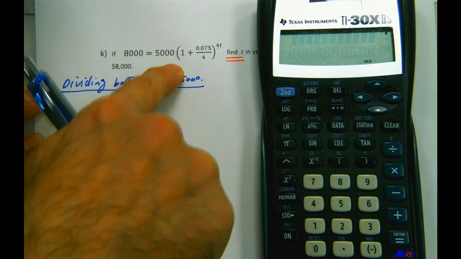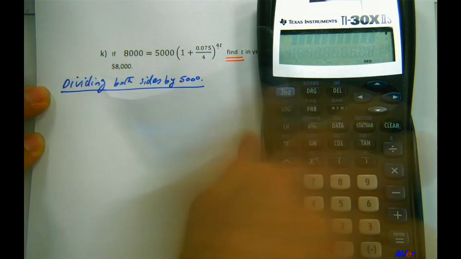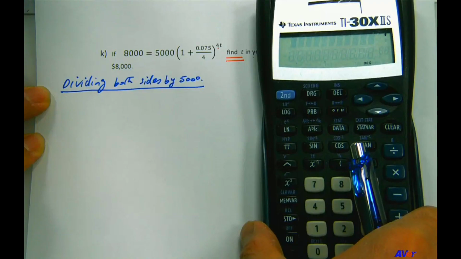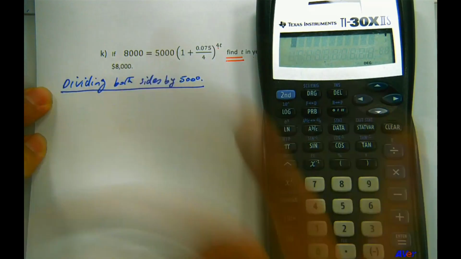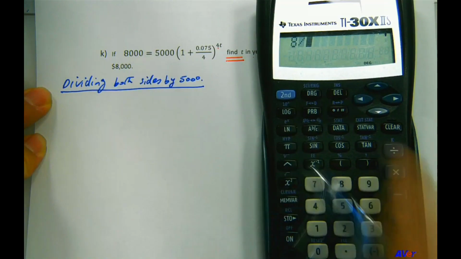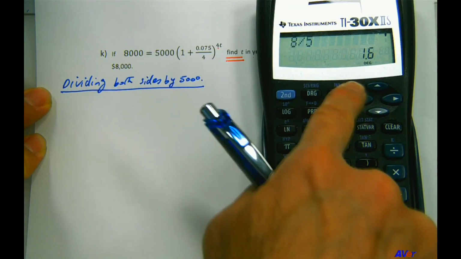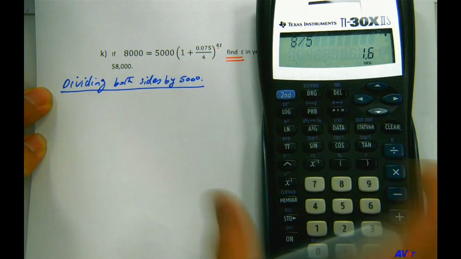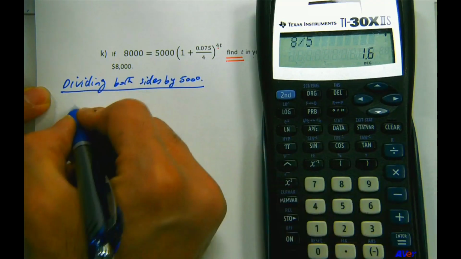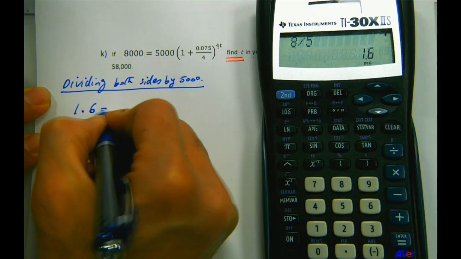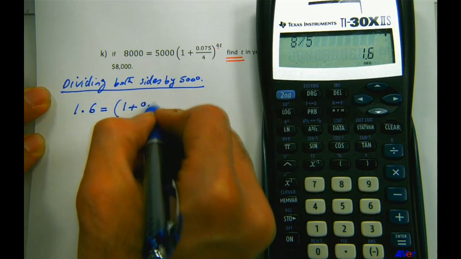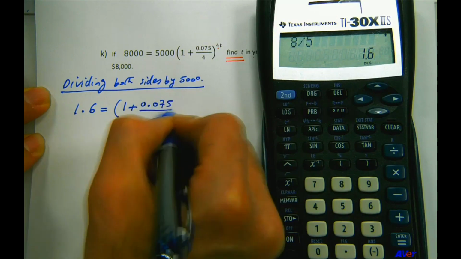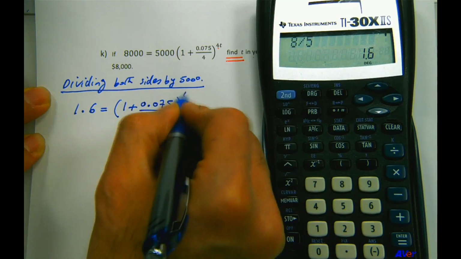The 8,000, we have to figure out using our calculator, which is 8 divided by 5, so 1.6. So we have 1.6 on the left. On the right, as I said, 1 plus 0.075 over 4 to the 4t power.